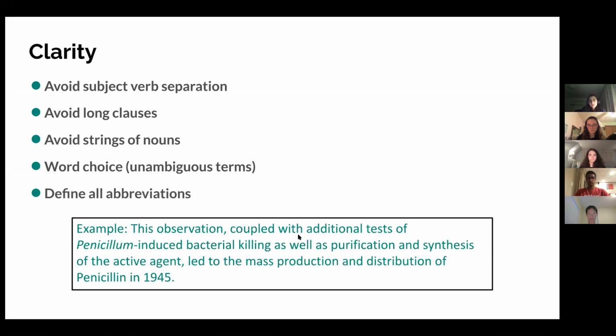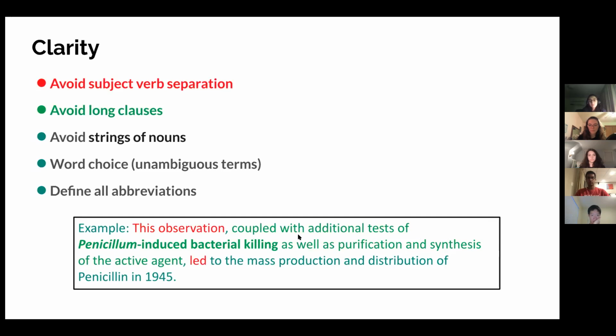So the example we have here says, this observation coupled with additional tests of penicillin-induced bacterial killing, as well as purification and synthesis of the active agent, led to the mass production and distribution of penicillin in 1945. So the sentence doesn't really have the best level of clarity as we can see here.